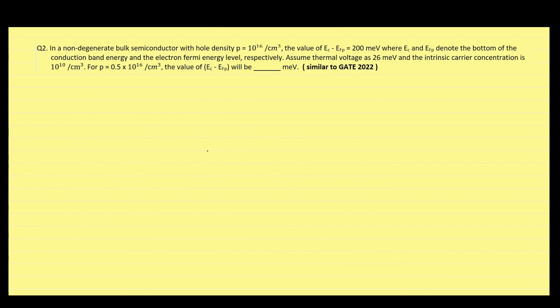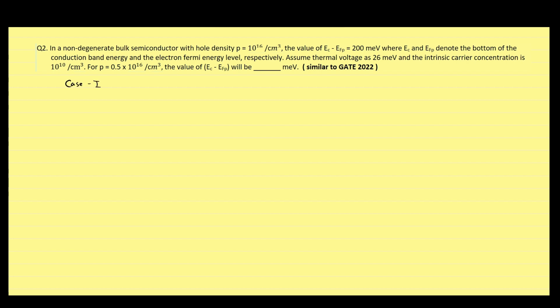In a non-degenerate bulk semiconductor with hole density P is equal to 10 raised to the power 16 per centimeter cube, the value of EC minus EFP is given to be equal to 200 millielectron volt. Assume thermal voltage as 26 millielectron volt and the intrinsic carrier concentration is 10 raised to the power 10 per centimeter cube. For P equal to 0.5 multiplied by 10 to the power 16 per centimeter cube, the value of EC minus EFP will be?